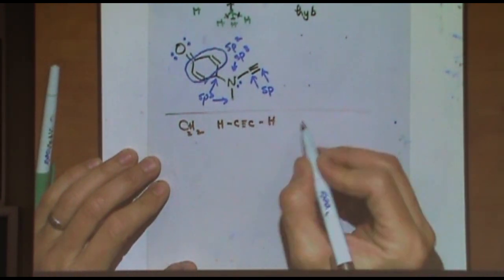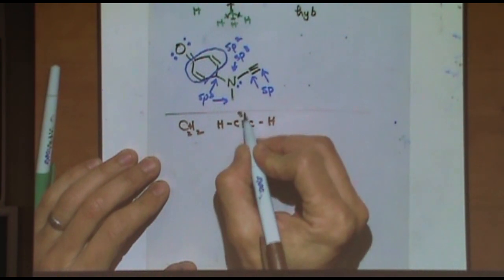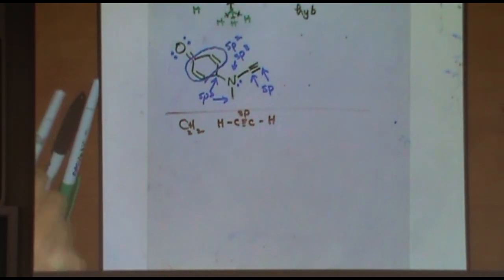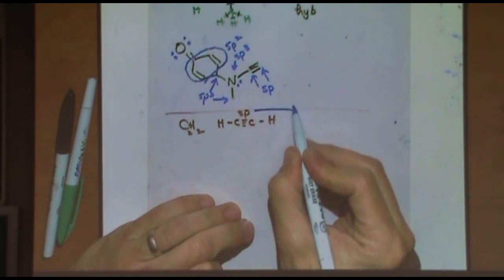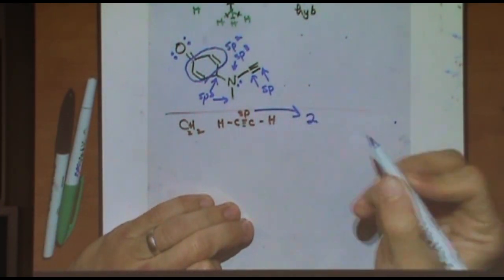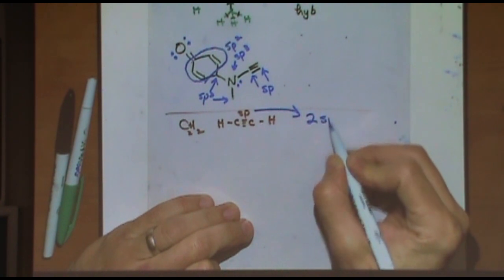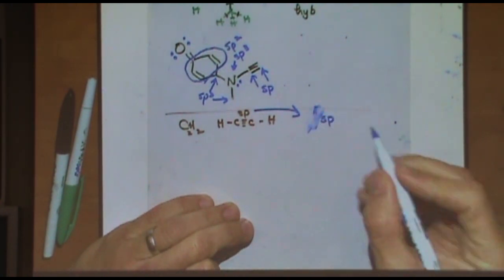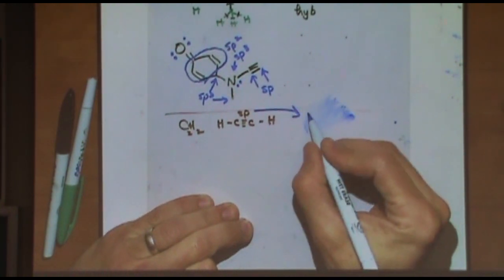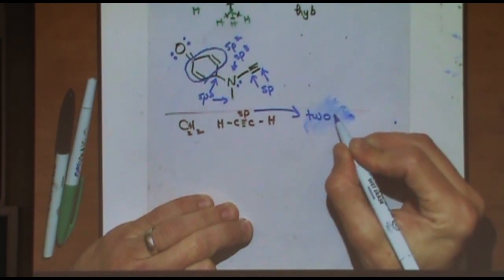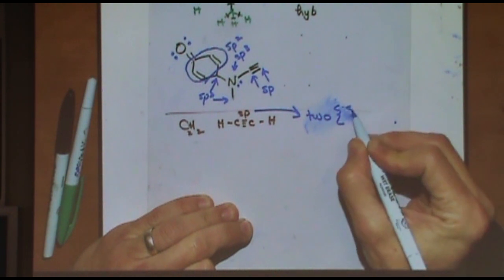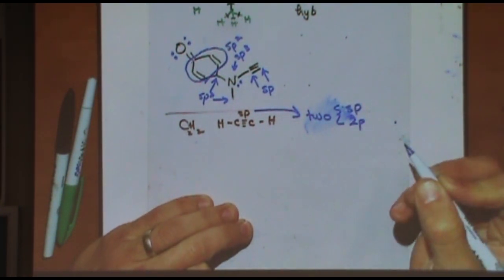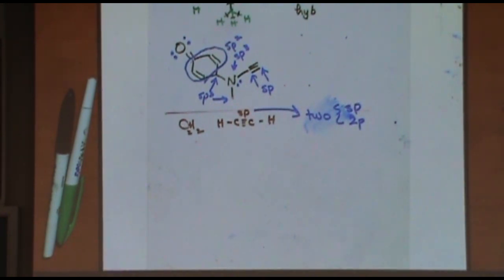Each carbon, just like up above, each carbon is sp hybridized. What does sp hybridized mean? That means that each carbon has 2 sp hybridized orbitals and 2 p unhybridized orbitals for each carbon.